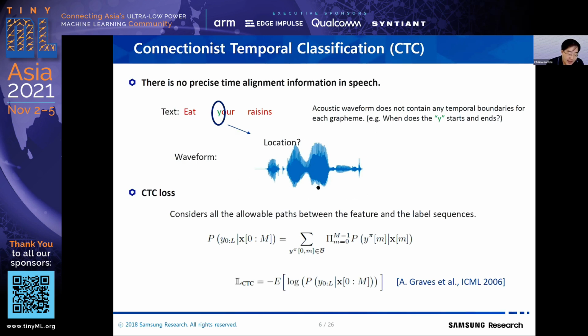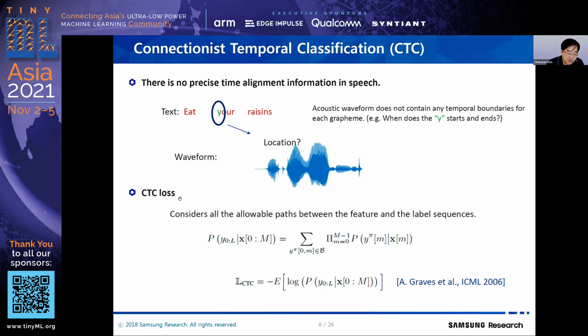So we don't have any kind of phonetic alignment information from the label. So that's one difficulty in directly applying the cross entropy loss when we train the sequence-to-sequence speech recognition model. So Alex Graves proposed the CTC loss.